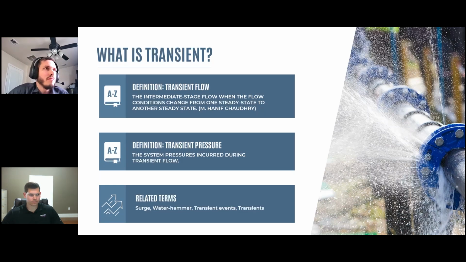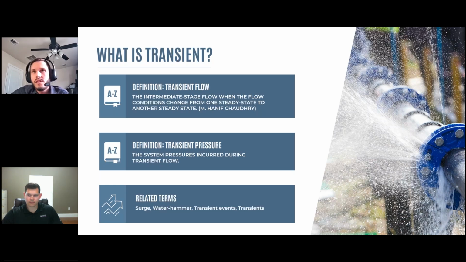Transient flow is any flow that is not steady with time. It's the intermediate stage flow from one steady state to another. That's the definition given by Chaudhry in his book, Applied Hydraulic Transients. For example, when the pump has been running a while and no changes in the system are occurring or have recently occurred, you can be said to be in steady state.